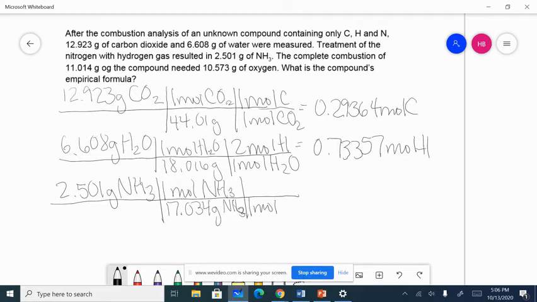So we're going to do exactly the same thing that we did with the other ones. This time we're going to pull out the nitrogen. And that gives us 0.14682.